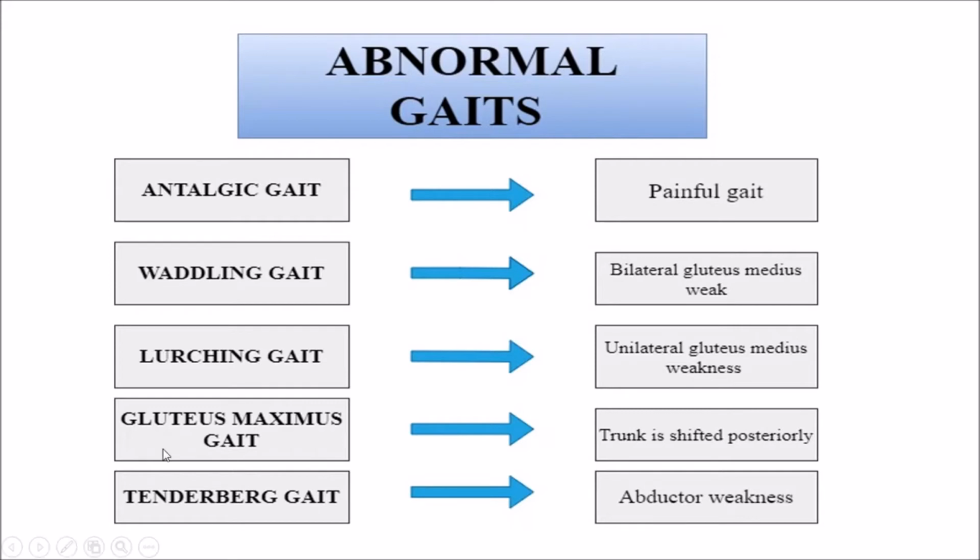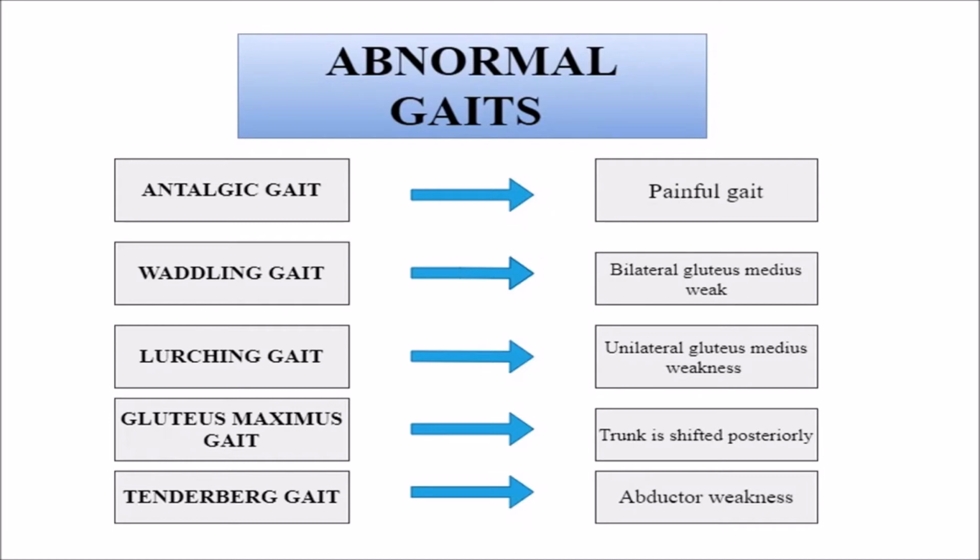Next is the gluteus maximus gait. There will be a weakness of the gluteus maximus. What happens in this is that the trunk is shifted posteriorly and the pelvis moves forward. While walking, the patient tilts backward and the limbs move forward from the center of gravity while the trunk moves backward.